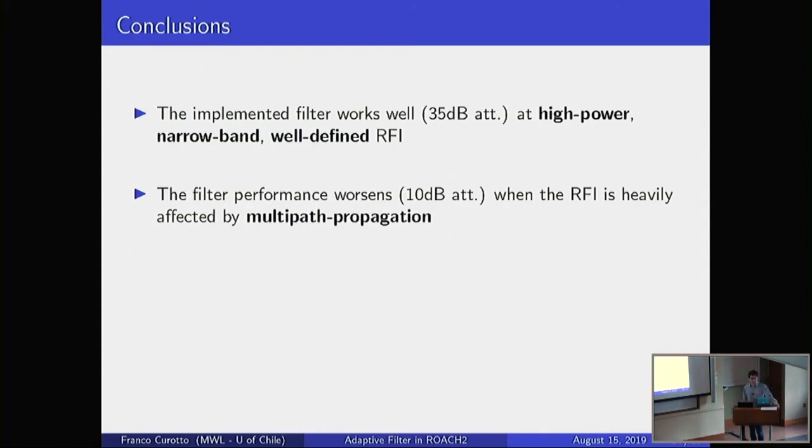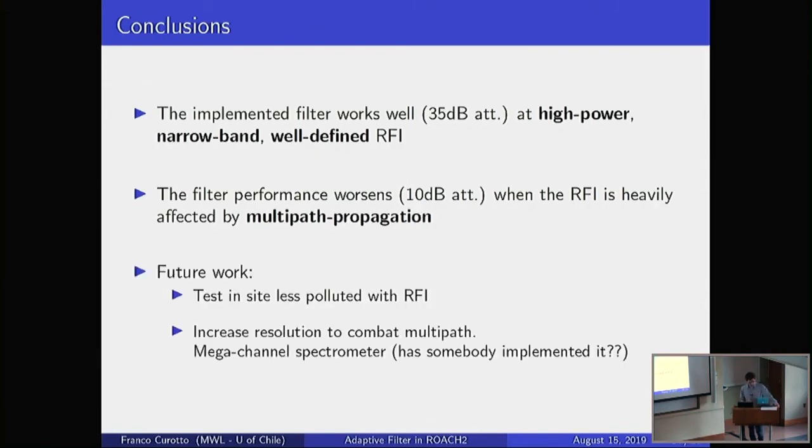So when you have a clear view of your RFI, you know where it's coming from, and you don't have multipath, that's the good case. And the filter performance worsens when you have RFI affected by multipath propagation, or multipath RFI in the same frequency band, etc.